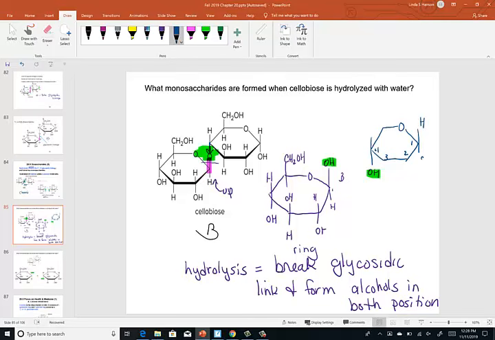Here we had HOH at position 1, at position 2, at position 3 the alcohol's on top, and of course at position 5, we reestablish the CH2OH link. So we just broke apart through hydrolysis, adding water across the bond, and just paying attention to whether we need to draw it up or down based on an alpha or a beta configuration.